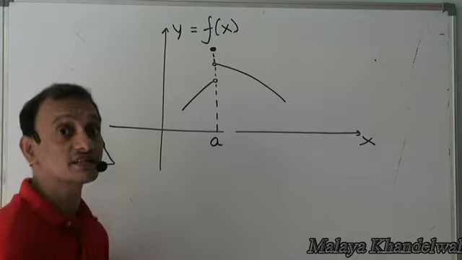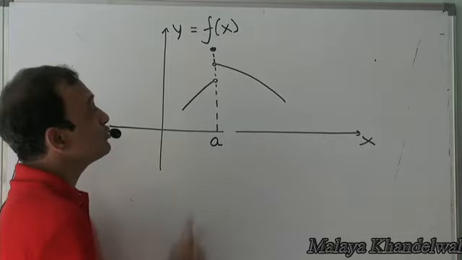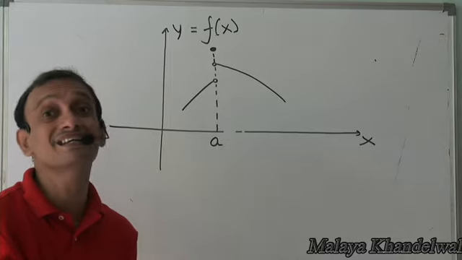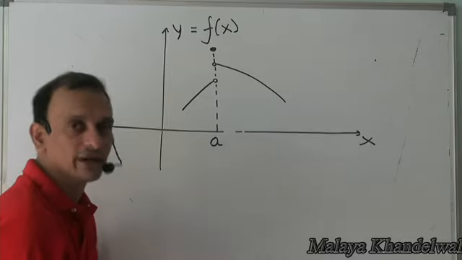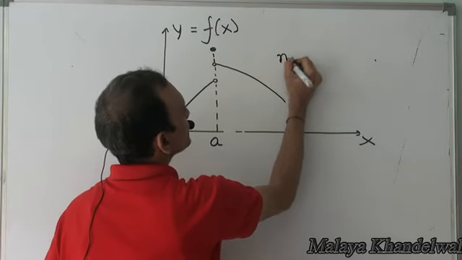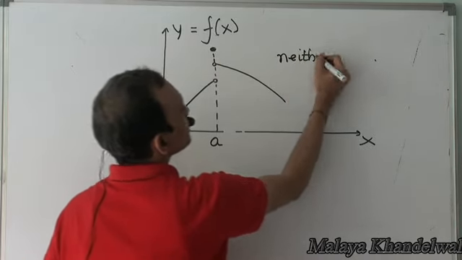Can you tell me whether it's increasing or decreasing? Can you find an open interval surrounding x equal to a in which the function is strictly increasing or strictly decreasing? You cannot. In this case, this is the value of the function at x equal to a. It is neither increasing nor decreasing.